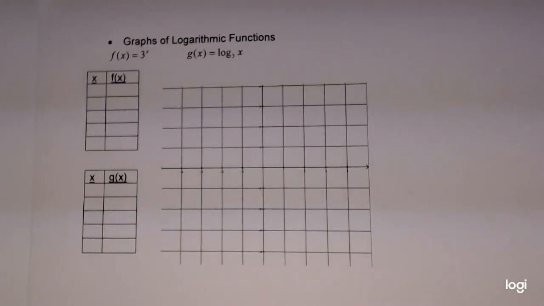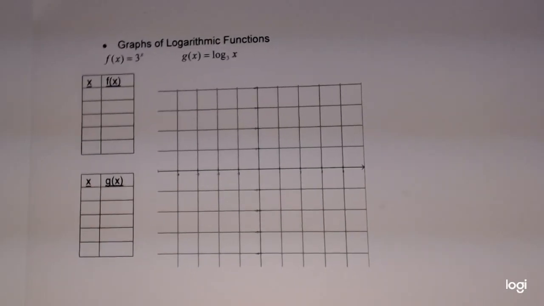So in order to graph log functions without using technology, which is what we're going to take a look at now, we're going to use the fact that log functions are the inverse functions of exponential functions, and we certainly know how to graph an exponential function. So that's exactly what we're going to do.